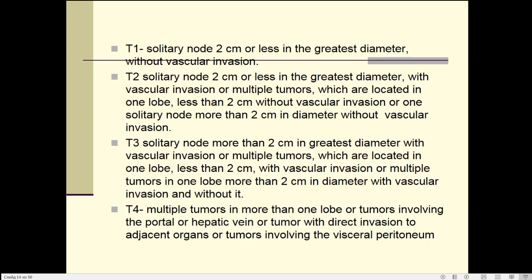T4, multiple tumors in more than one lobe, or tumors involving the portal or hepatic vein, minor vessels, or tumor with direct invasion to adjacent organs, or tumors involving the visceral peritoneum.